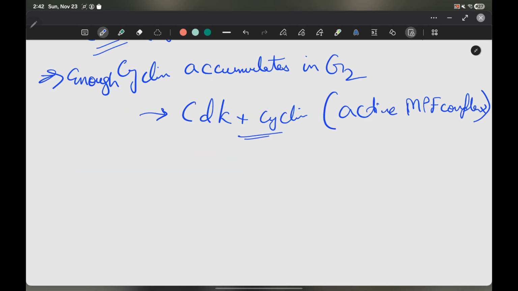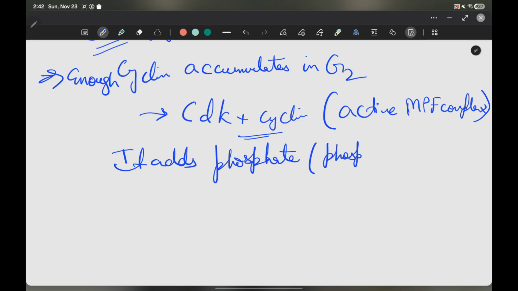Now what does MPF do later on? It adds phosphate groups, which is known as phosphorylation, to many proteins, and which induce mitosis. It acts in two ways.